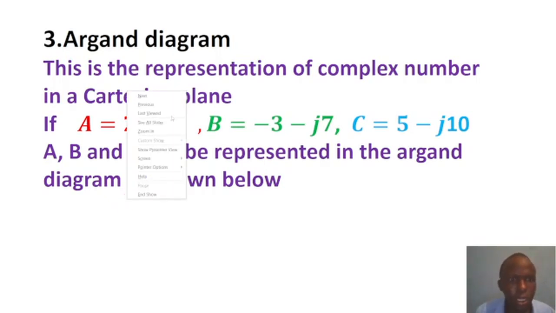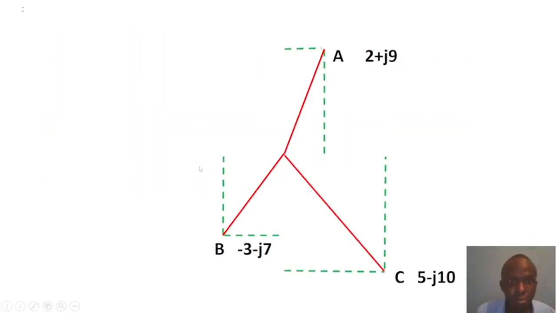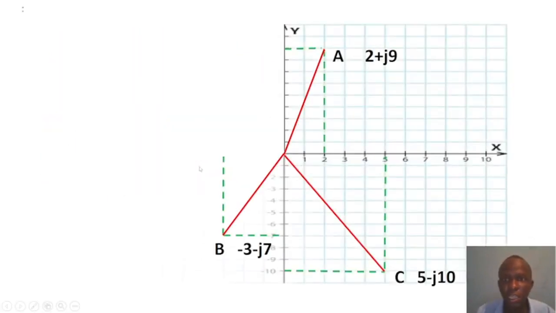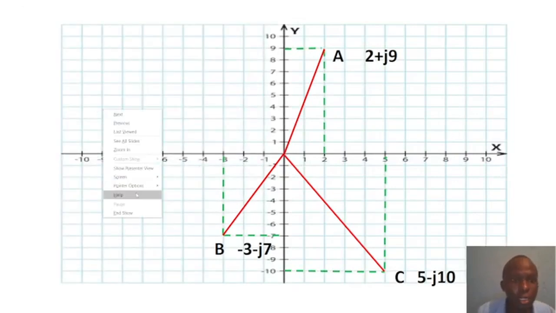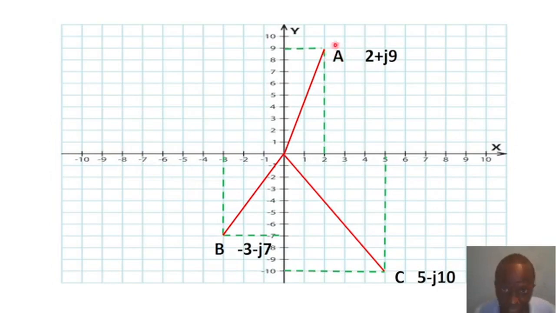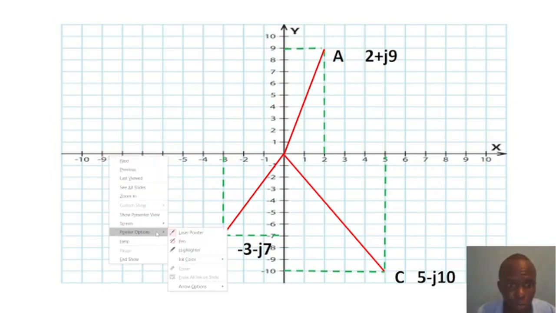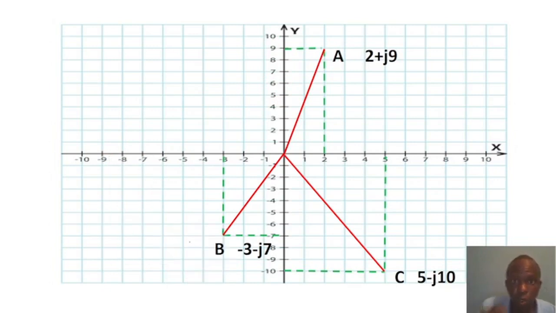So let us look at the Argand diagram. There it is. That is our Argand diagram. Let me try to explain what this means. Now, if this is a, let me use my pen once again, because I want to note something.